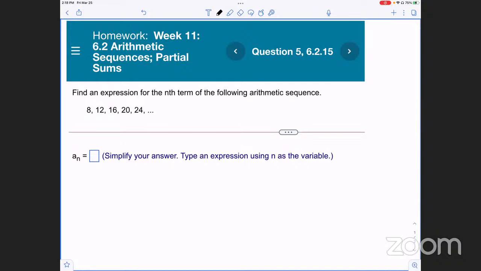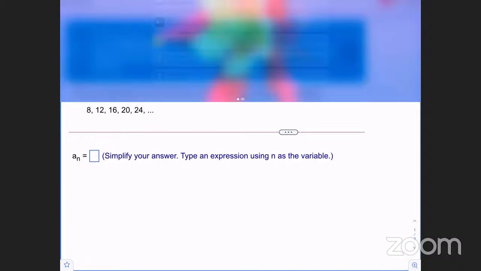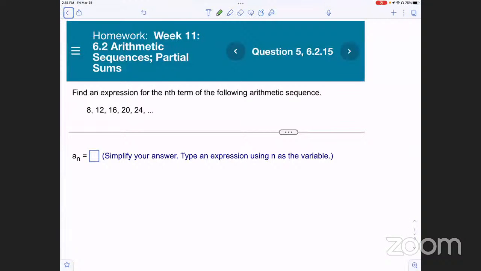In class when we introduced this, we said the nth term of an arithmetic sequence is a1 plus n minus 1 times d.